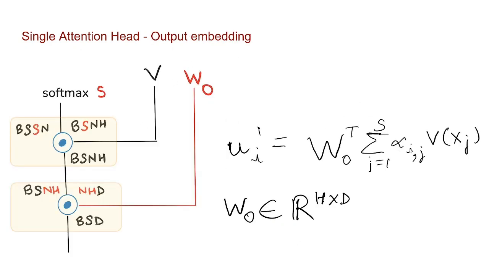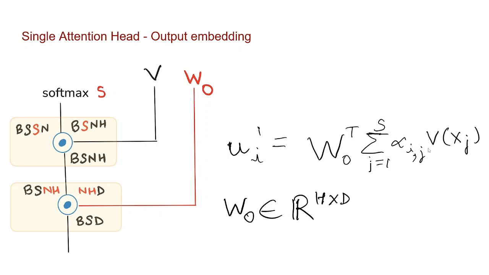And once having obtained the attention weights, we can do a weighted average of the value vectors. So for the ith token, I do a weighted average over all the S tokens multiplied by the attention weights.